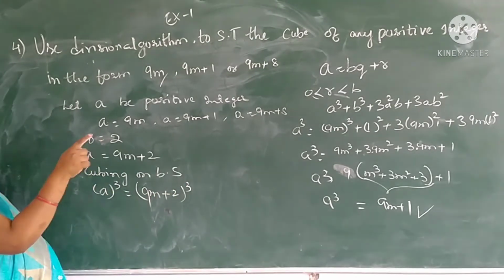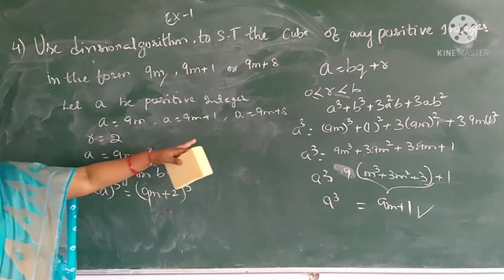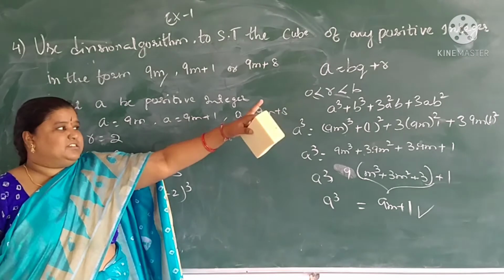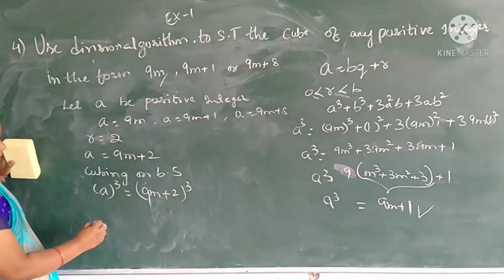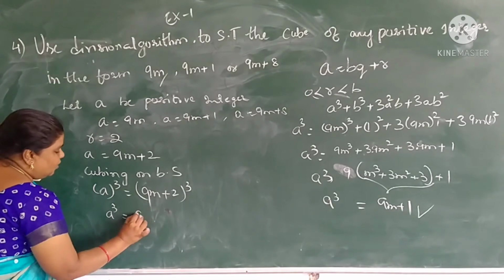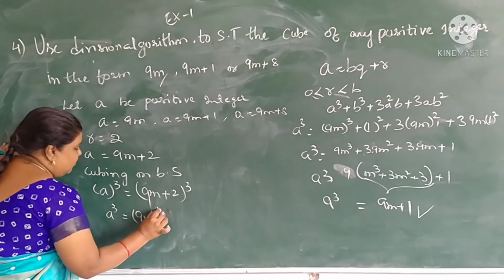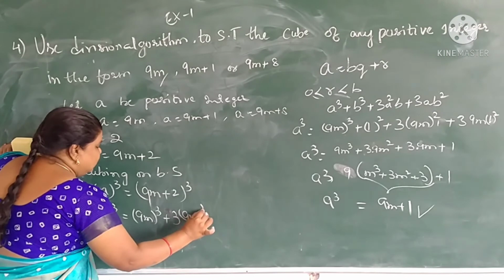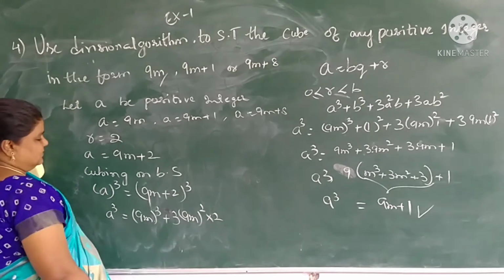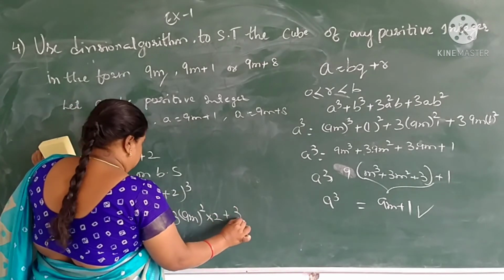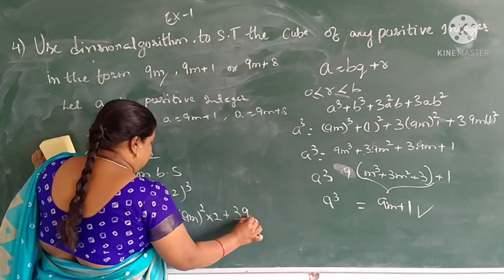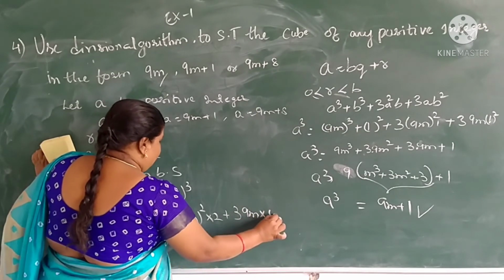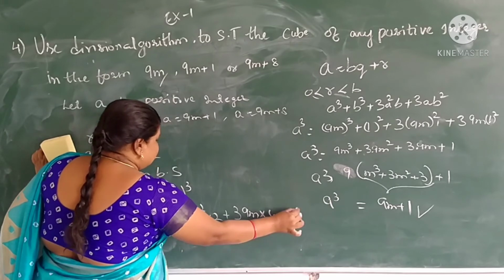Same formula: a cube plus b cube plus 3a square b plus 3ab square. So here a cube is equal to 9m whole cube plus 3 into 9m square into 2 plus 3 into 9m into 4 plus 8.